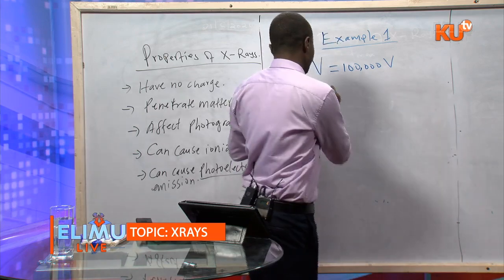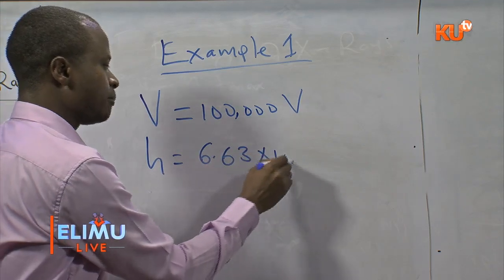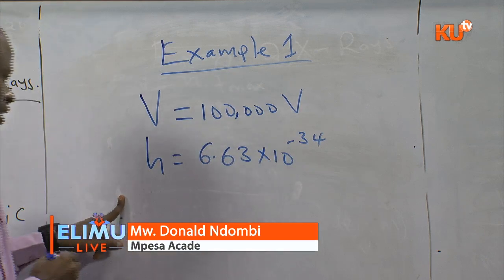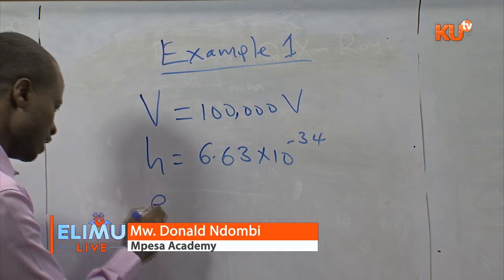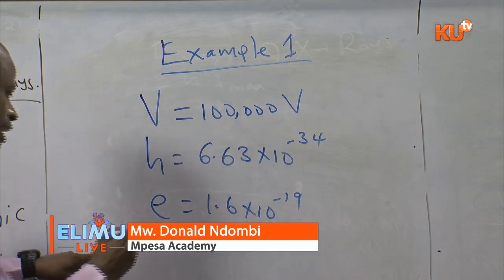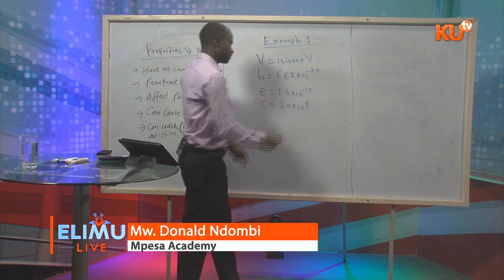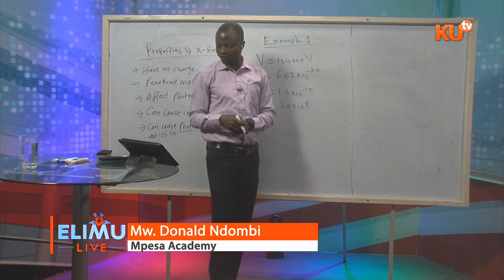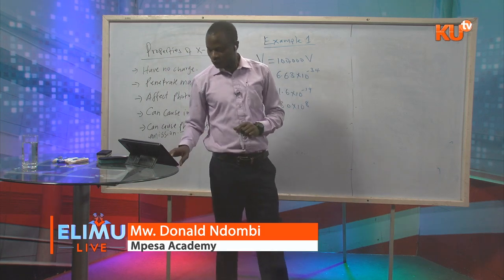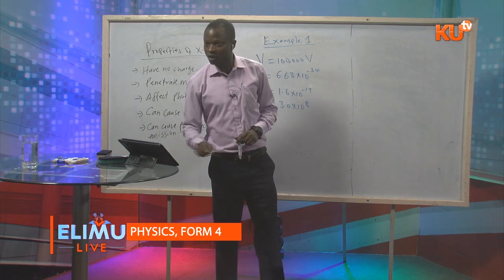What else are we given? Planck's constant, H. So H is 6.63 times 10 power negative 34. Then what else are we given? E is 1.6 times 10 power negative 19. And lastly, C is 3.0 times 10 power 8. What are we looking for? We are looking for the shortest wavelength. So which equation do you think we can use? We want the shortest wavelength.